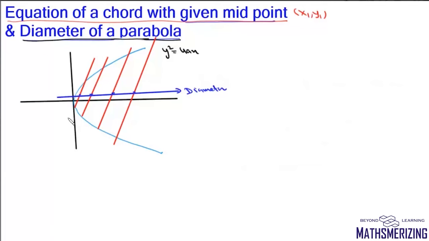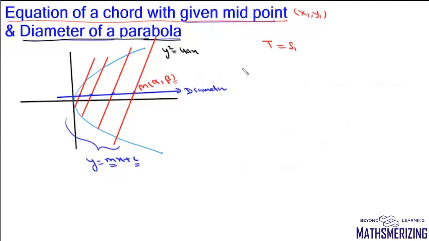Suppose we have a system of parallel chords given by y equals mx plus c. Here m is fixed, that is, all these lines have the same slope, and c is variable. We have to find the locus of the midpoint of these chords. Since it is a locus problem, the first step is to identify this point. Suppose this point is M and it is given by (alpha, beta). With the given midpoint, we can write the equation of a chord as T equals S1.